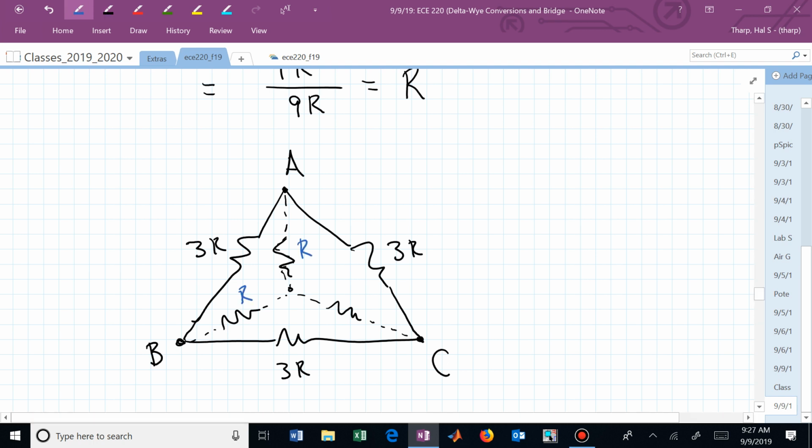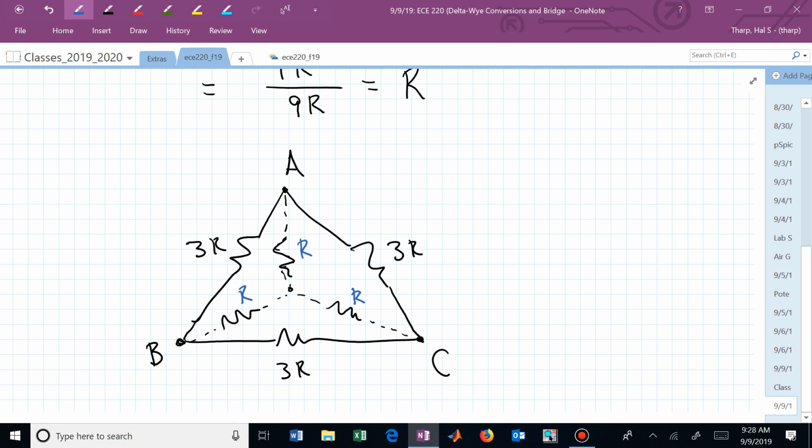You would just erase those delta resistors and replace them with this Y set of connected resistors and change the numerical value on those resistors to 1/3 of what they were in the delta.